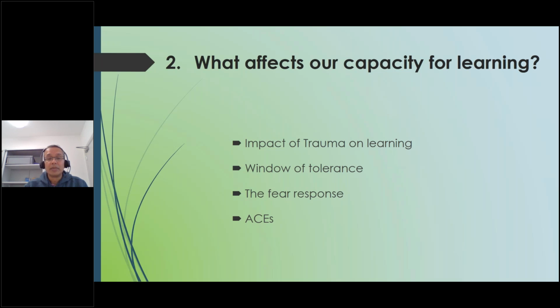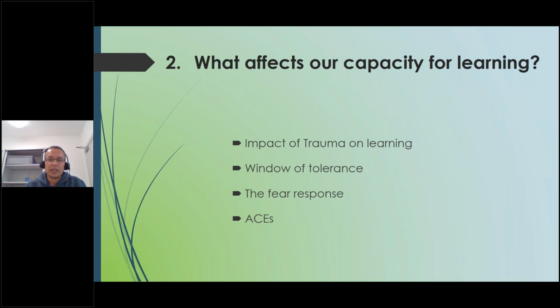These functions are affected when the brain has experienced trauma, especially in the formative years of life. This leads to what is called a window of tolerance, and we'll look at that in a little more detail. The window of tolerance is our ability to stay in the present and pay attention to what's going on.